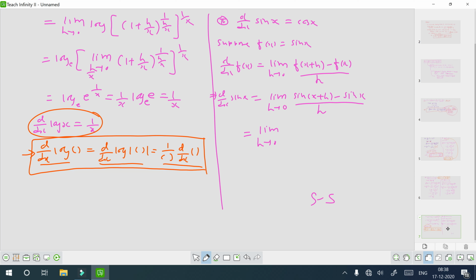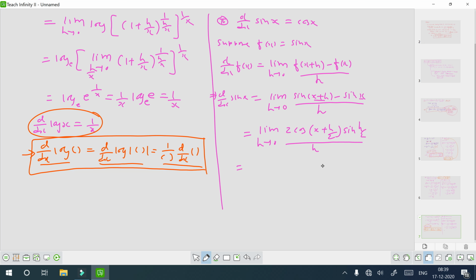What is sin minus sin? 2 cos of (x+h+x) by 2, that is equal to 2x plus h by 2, that is x plus h by 2, into sin of (x+h minus x) by 2, that comes out sin h by 2 over h.